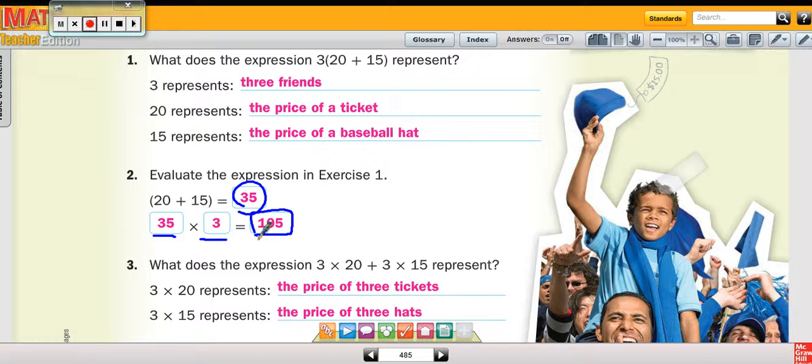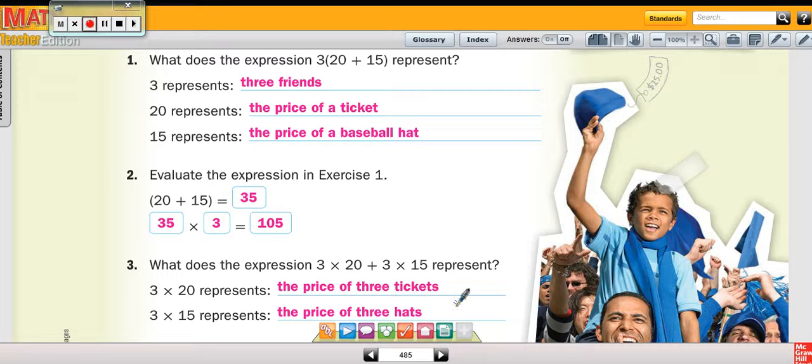Good, 1 ticket, 1 baseball hat, so the cost for 1 person, right? Then we took it times 3 to represent how much it costs for all 3 friends to be able to go. So this 35 is the cost for 1 person. Times 3 gives us 105, which is for everybody all together.